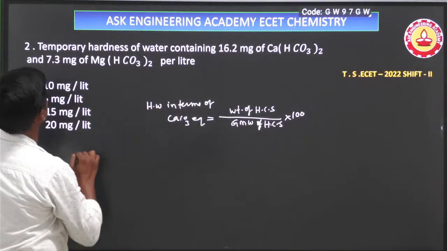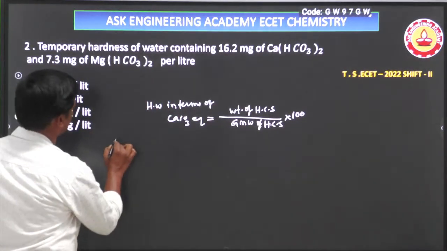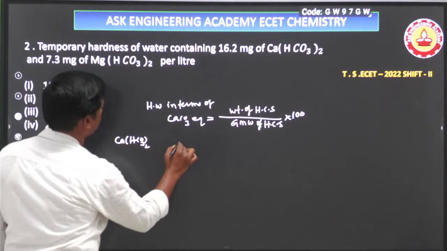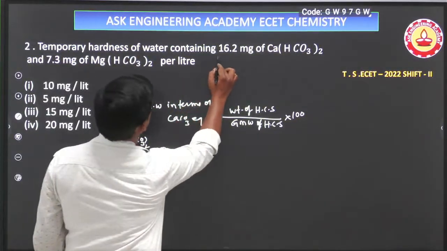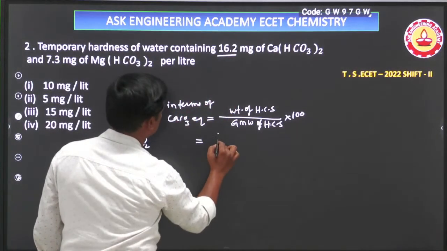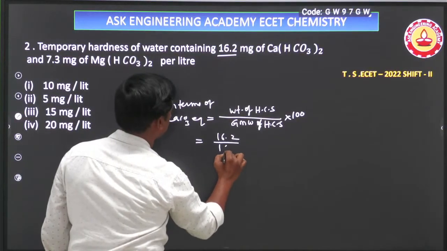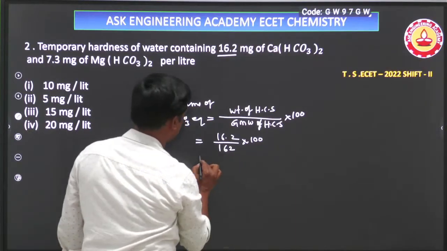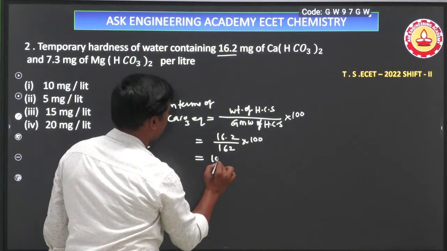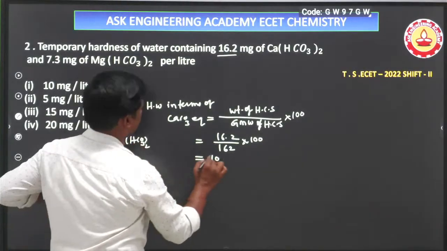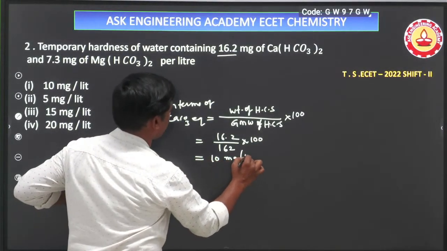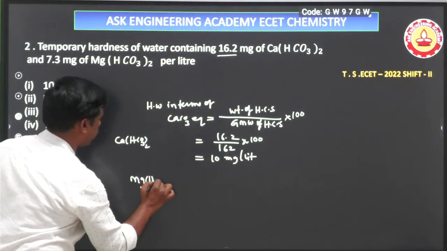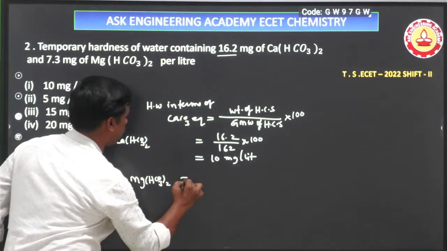For example, first one, what is given salt? Calcium bicarbonate. Calcium bicarbonate hardness how much? They are given 16.2 here. For this 16.2 and calcium bicarbonate gram molecular weight 162 into 100, to get here what more? Total 10 milligram per liter to come for calcium bicarbonate. Magnesium bicarbonate is equals to same formula.